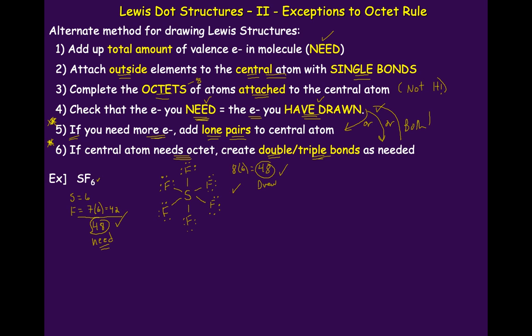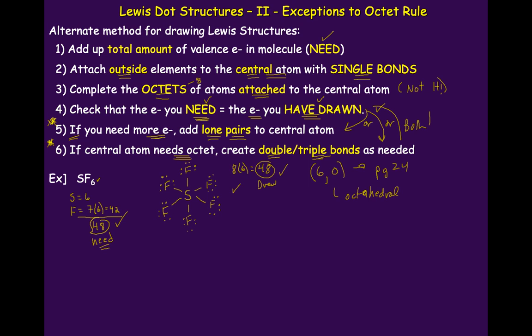Now, what I want to do is talk about my hybridization. Check the total pairs around the central atom. The total pairs around the central atom is 6 bonding pairs, no lone pairs. So what I can do is look on my chart on page 24 and look up 60 and find out that 60 happens to be octahedral.